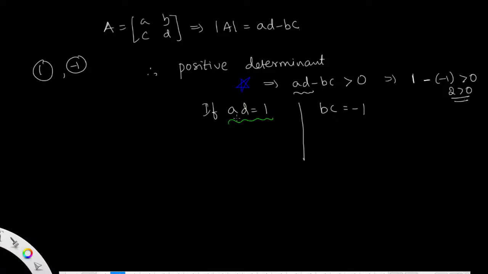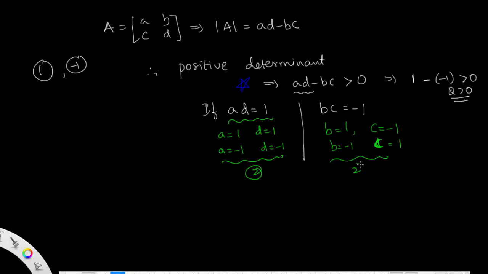How many cases for AD equal to 1? We can select A equal to 1 and D equal to 1, and the other case is A equal to minus 1 and D equal to minus 1. That is 2 ways. And BC equal to minus 1 means B equal to 1 and C equal to minus 1, or B equal to minus 1 and C equal to 1. That is also 2.